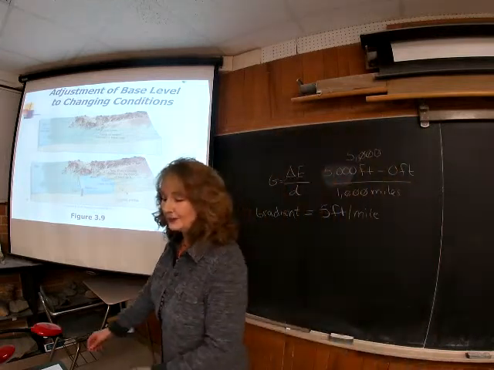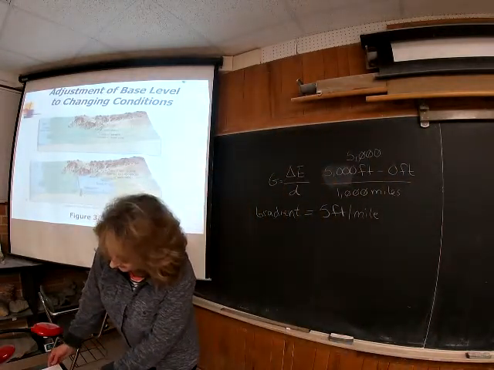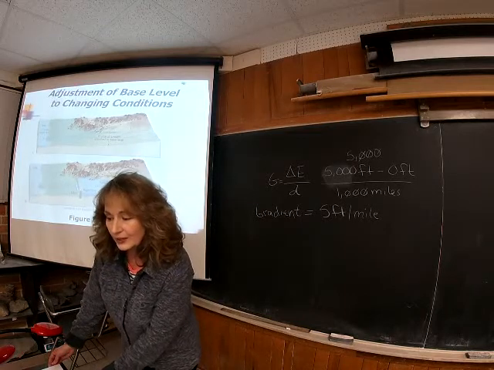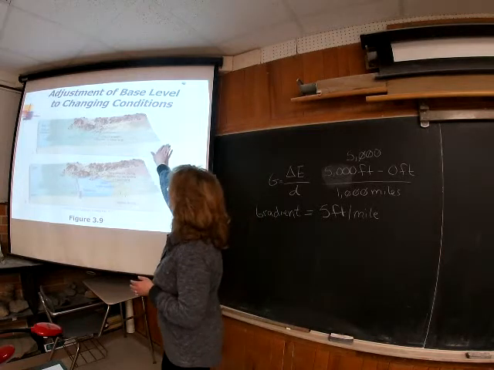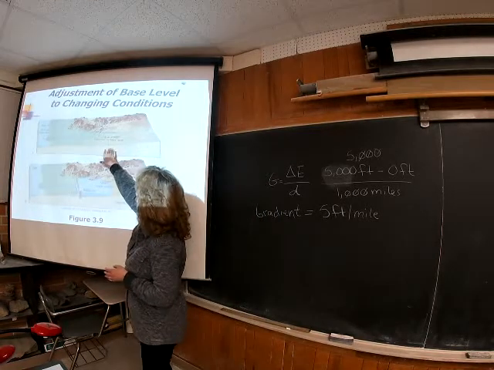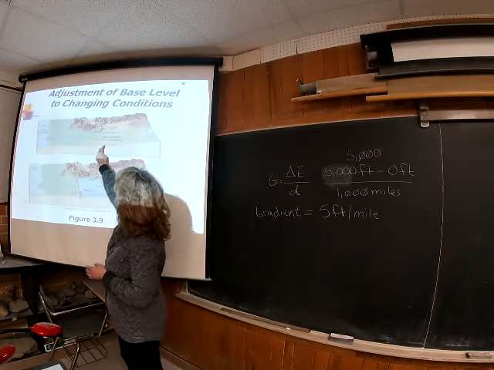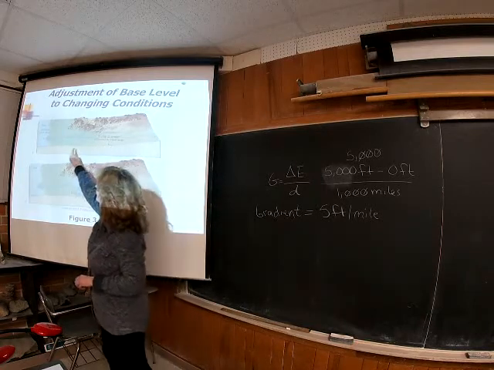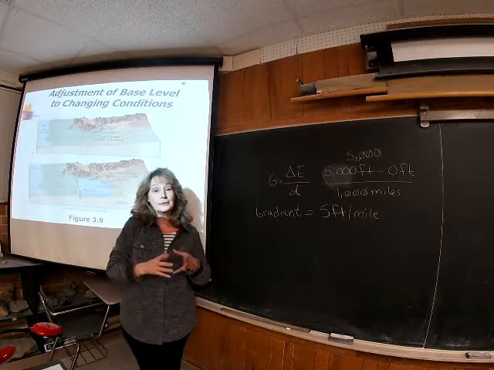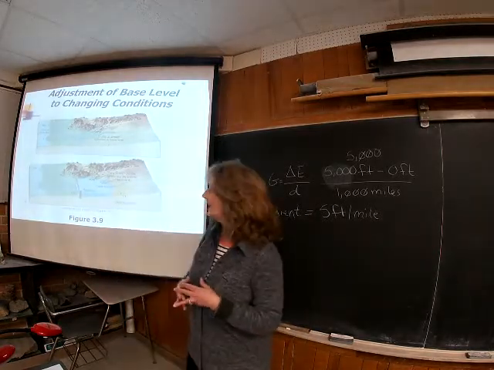Okay, and so here's that picture of adjustment of a base level according to what kind of changes of conditions. So here's an unimpeded stream coming along, and it's adjusted down cutting or erosion according to what the ultimate sea level is at the time.